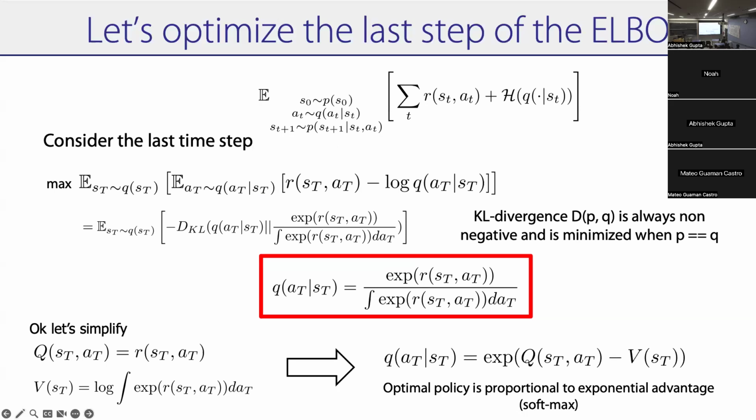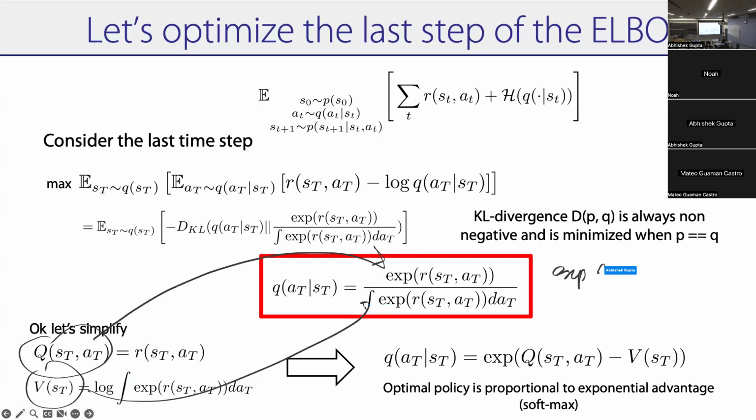And that suggests that if you substitute these definitions into this expression, the numerator becomes exp Q and the denominator becomes exp V. Since V is equal to log integral exp, the integral is equal to exp V. So your policy is now the exponential of Q minus V.